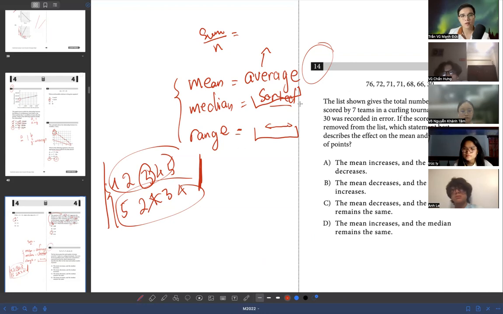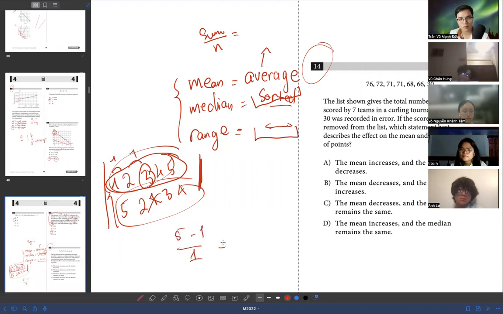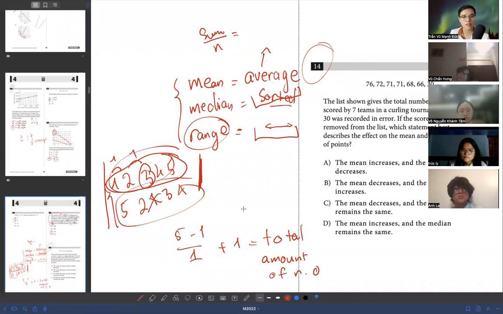Let's say if you have 5, the number of numbers is 5 minus 1 divided by the space between them. In this case, the space between them is 1. So 5 minus 1 divided by 1, plus 1. This is the total amount of numbers. And if I'm talking about the range, you just need to get the last minus the first, or just take the max minus the min. Okay, that's it. All right.